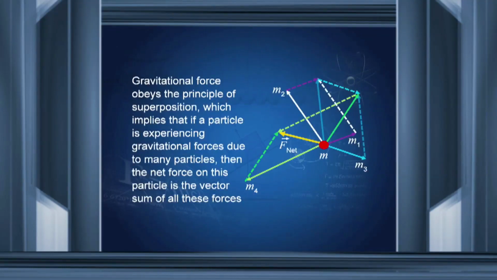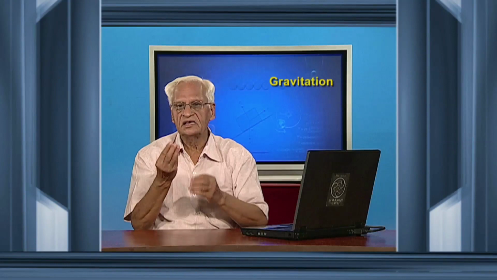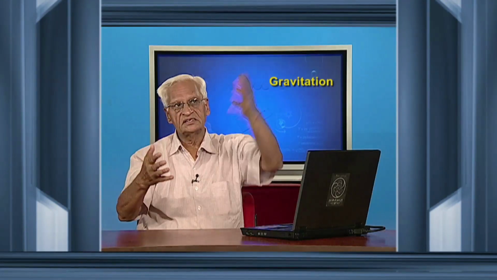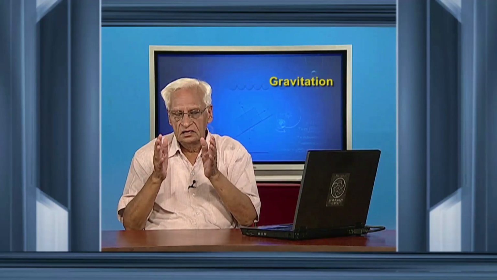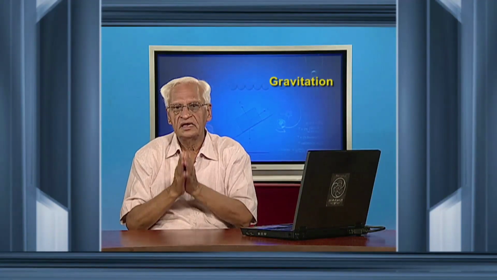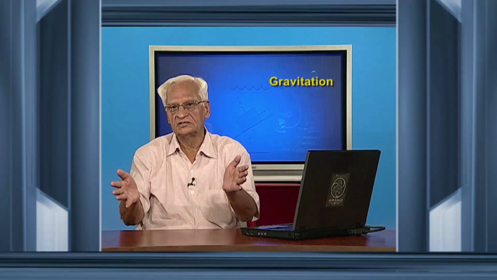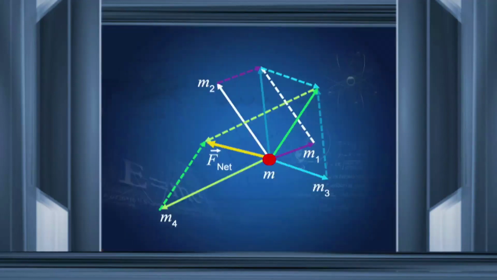Gravitational force obeys the principle of superposition. That is, if a particle experiences several gravitational forces, then the net force is the vector sum of all these forces. You can see this, which I have done here: the forces due to m1 and m2 are this force and this force, and therefore, the resultant is this.